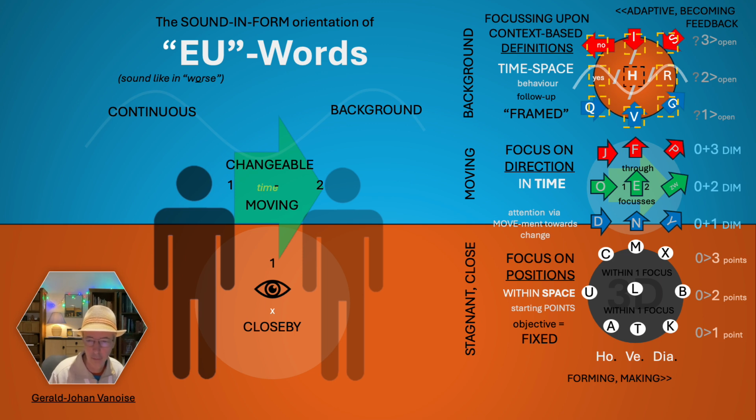Let's go and look into the sound, how it is used in French and Dutch words, and how we should understand it. It's not there in the system, it's a combination of letters, so how should we interpret it? The letters themselves are really about focuses, and these focuses are given an order in a geometrical but also a numerical order, which gives us the opportunity to give things an order in general.